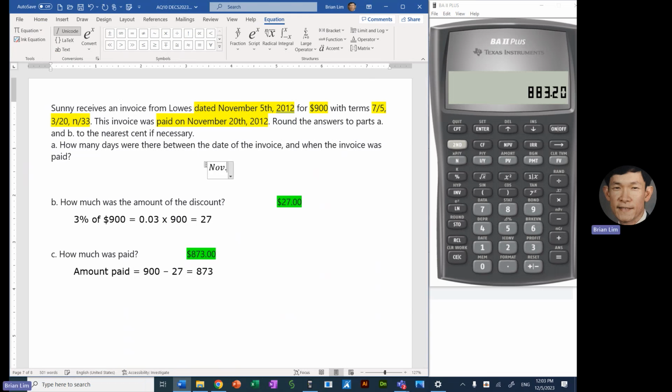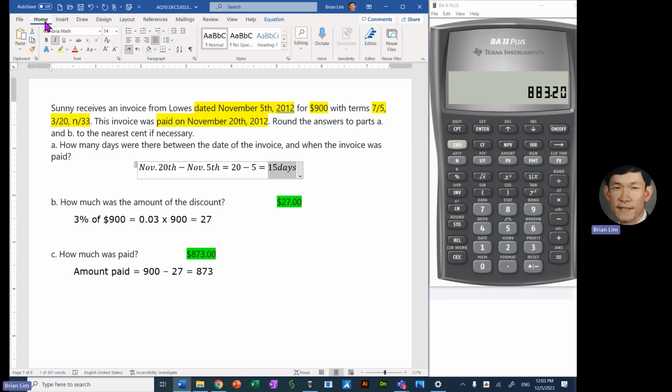So let's use some abbreviation, November the 20th minus November the 5th. That's equal to, we can just take the numbers themselves, 20 minus 5, and that would give us 15 days. All right, so 15 days is the number of days that elapsed or passed before the invoice was paid.